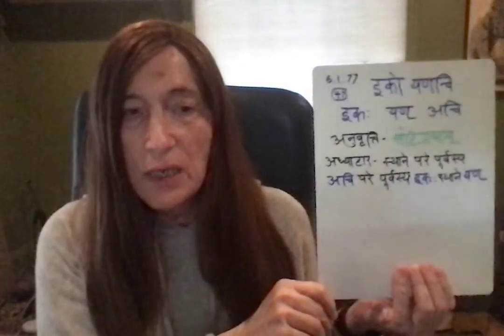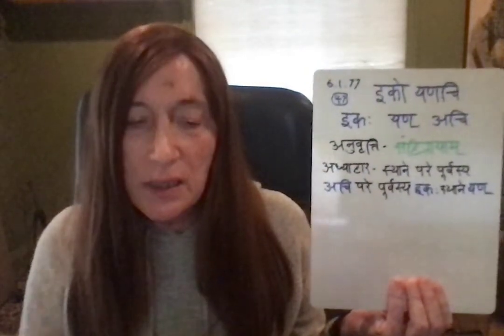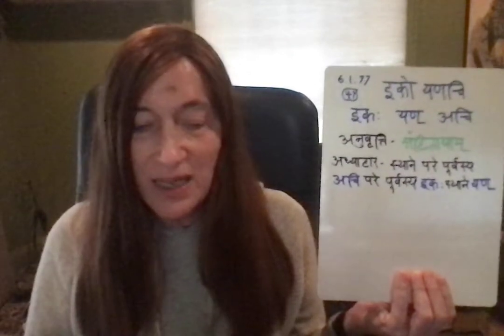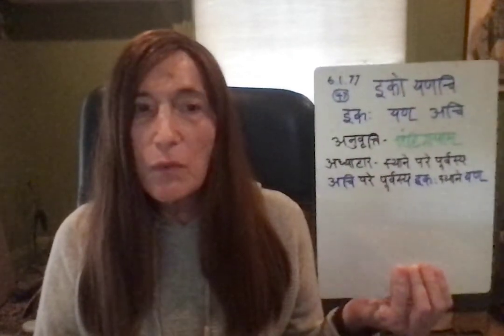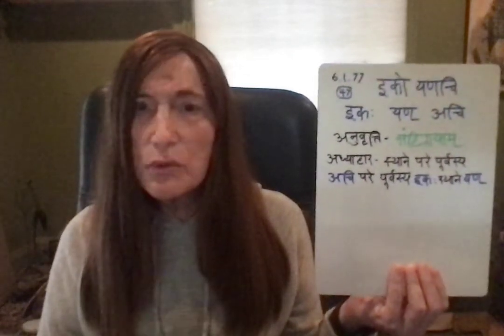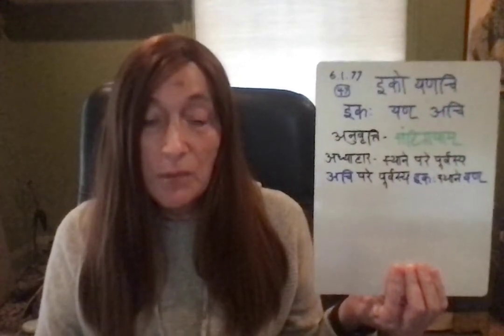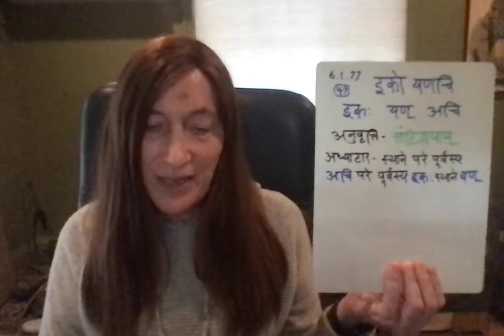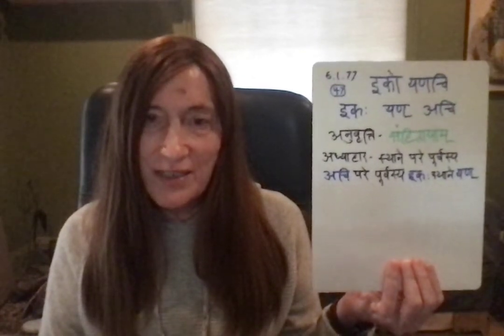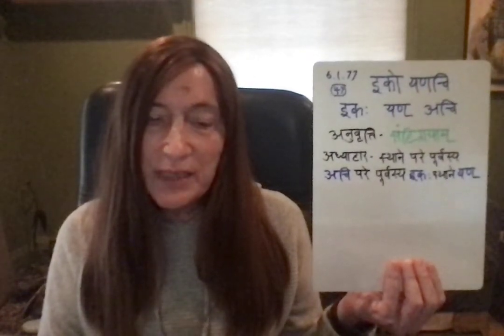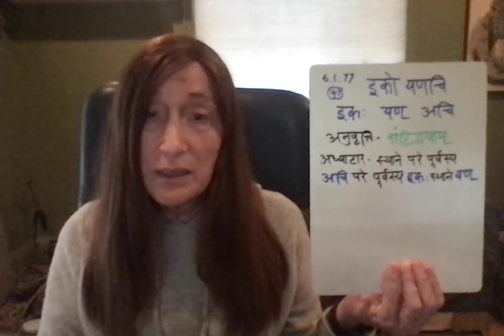So we're cooking along here, and going back to our original sutra: achi pare, when a vowel follows, purvasya ikah sthane, in place of the preceding ik.